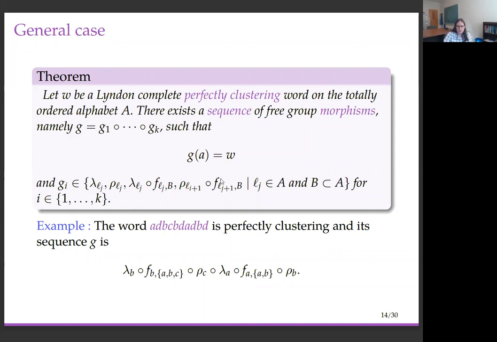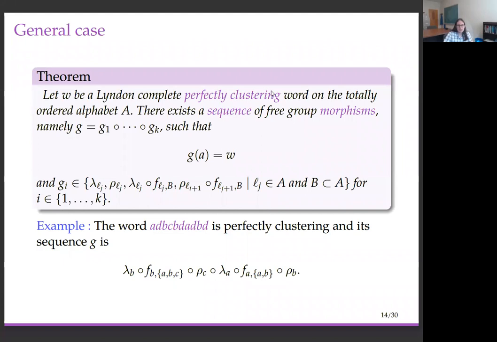So I don't want to apply F alone because otherwise I will have a word on the alphabet AR with a missing letter, and I don't want the missing letter. So this is why I use F concatenated with rho.